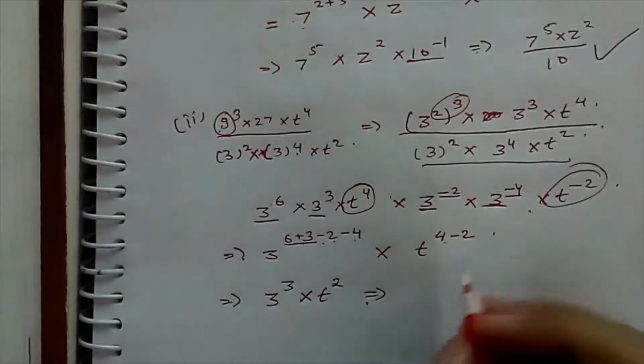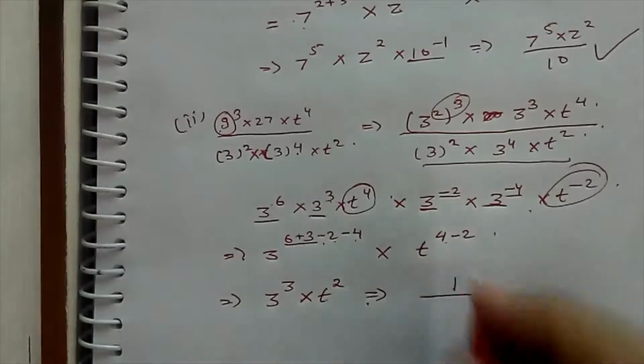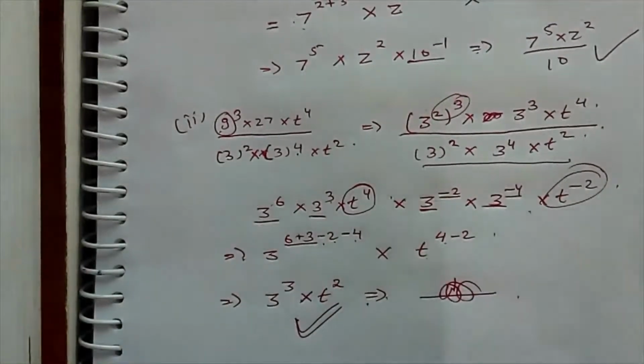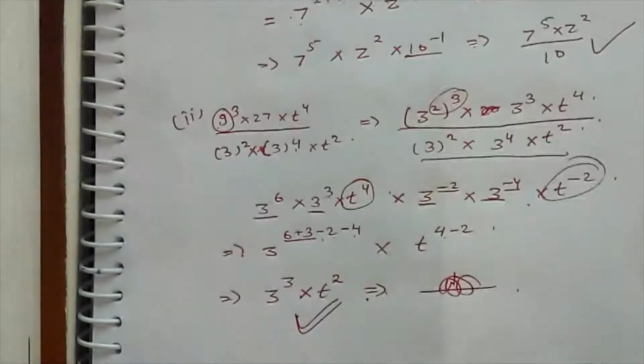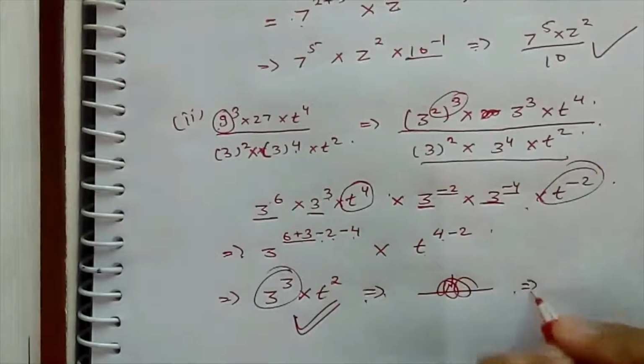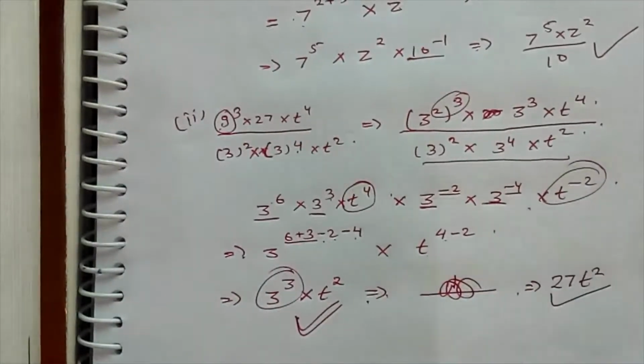We have to just simply simplify this, so it's the answer. Or we can write 3 to the power 3 as 27 t square. Okay, done.